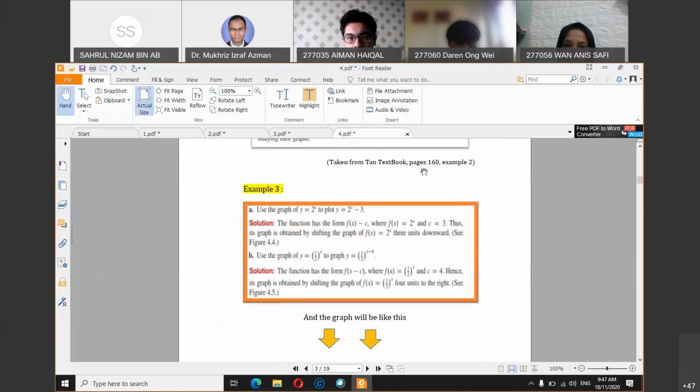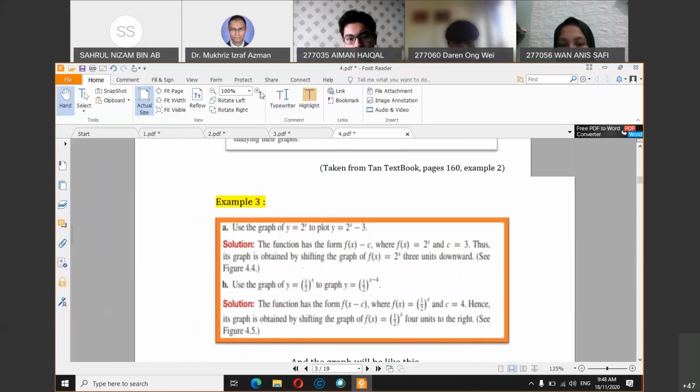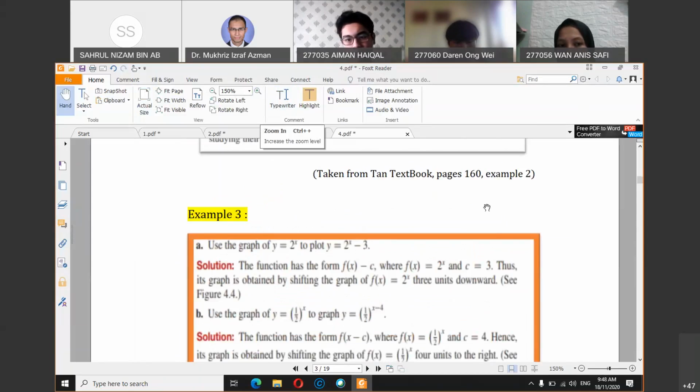So zoom as big as possible before you copy and paste, then you can avoid the picture becoming blurry like this. This is one of the things you can improve in the future.